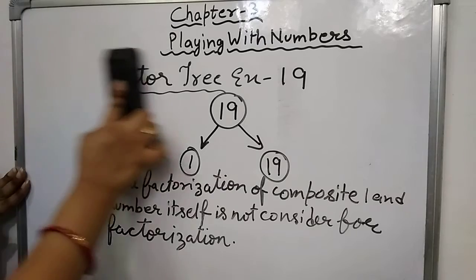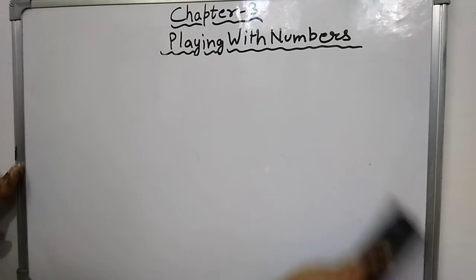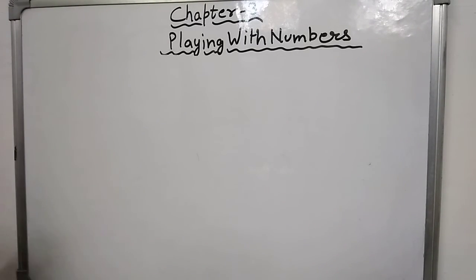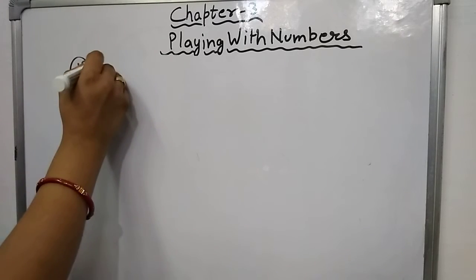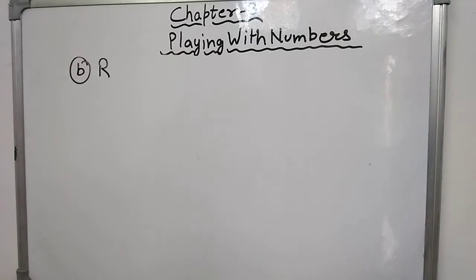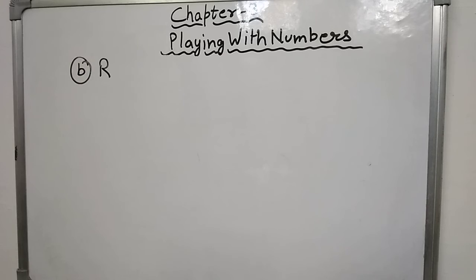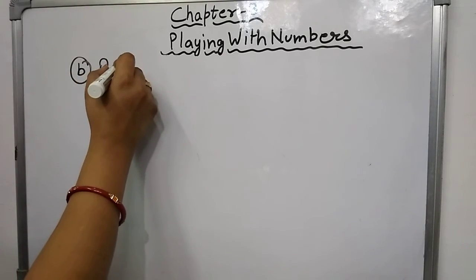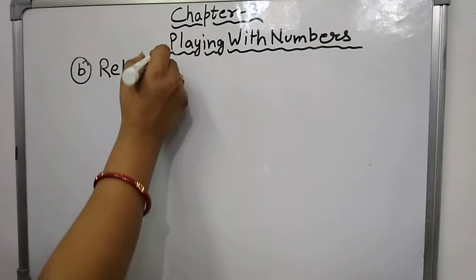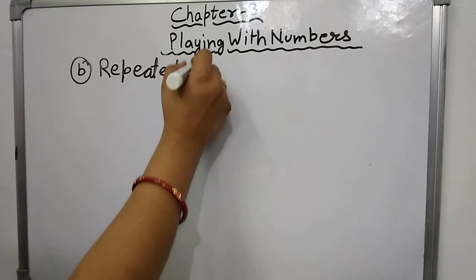The next method is the repeated division method. Repeated division means dividing the given number again and again till we get a quotient of 1.